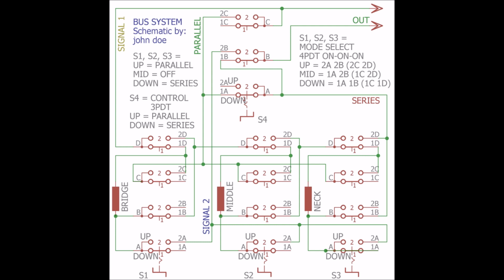Pickup switches, S1, S2, and S3, select the connection mode of the pickups, parallel, off, or series. Component switches function in pairs, A and C, are responsible for the parallel connections, while B and D are used for the series connections. In parallel mode, the pickups are turned off by disconnecting the leads.